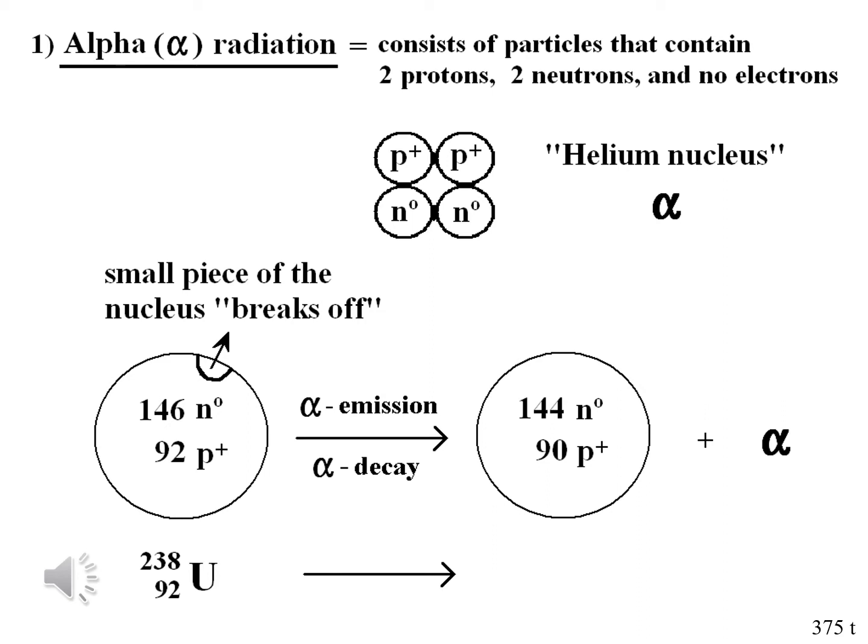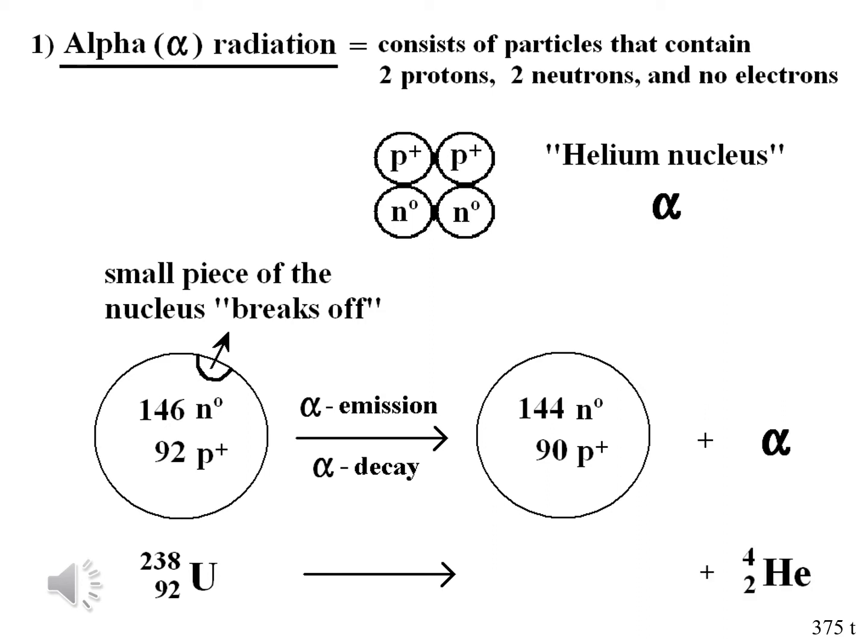So uranium, to start with, has 92 protons, and it has 238 minus 92, or 146 neutrons. If the nucleus does alpha emission, you're going to end up with 2 fewer neutrons and 2 fewer protons, and an alpha particle comes off.